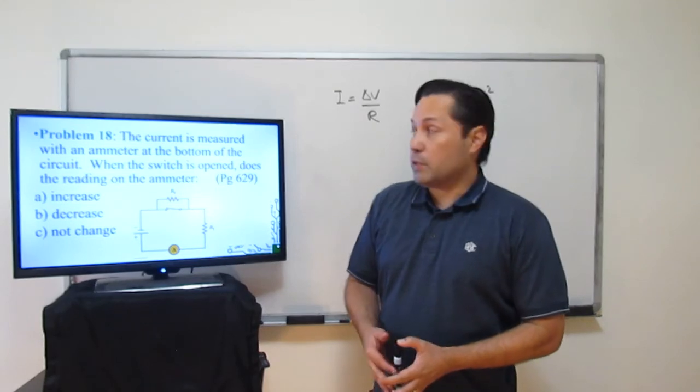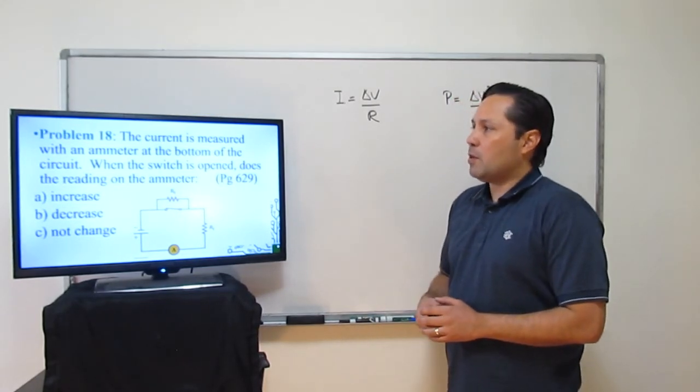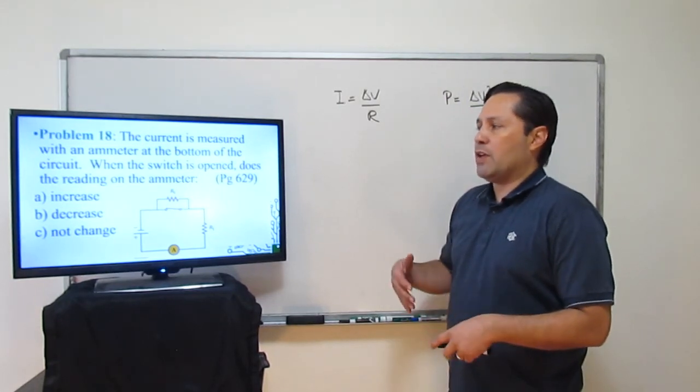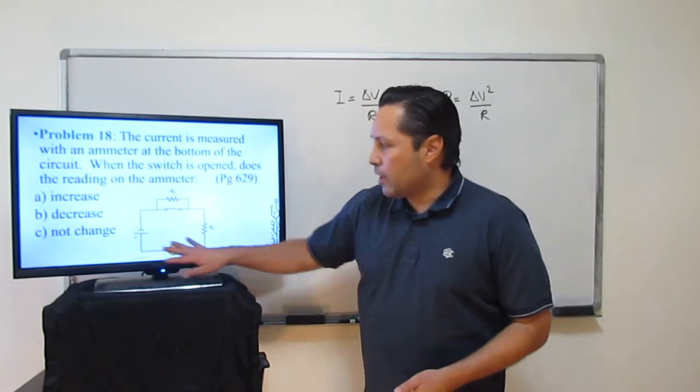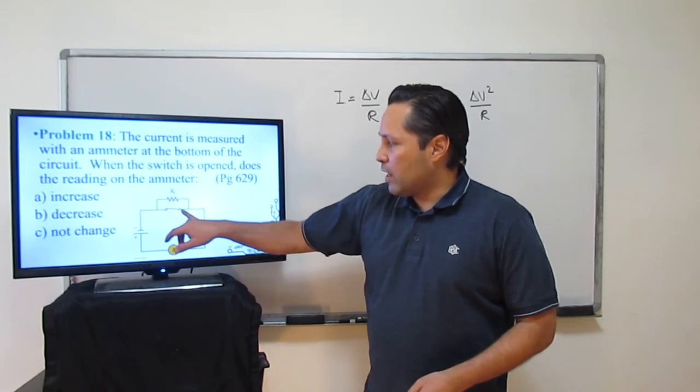In problem 18, we're asked the following question. The current is measured with an ammeter at the bottom of the circuit. When the switch is open, does the reading of the ammeter increase, decrease, or not change? Let's look at our diagram. Here we have our battery, two resistors, and the switch.